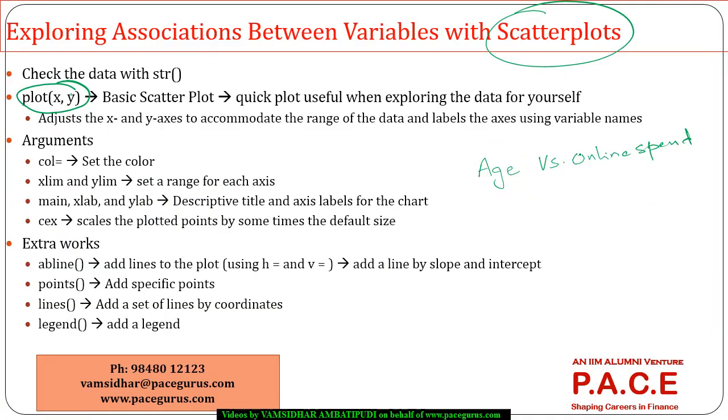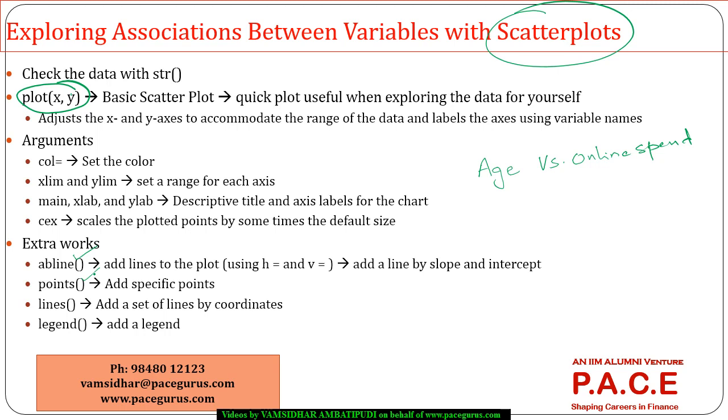Then moving further, I can add extra AB lines. This is what we have already used. Then I can talk about points, adding specific points to the chart. If I want to add a few specific points, I can very well add them.